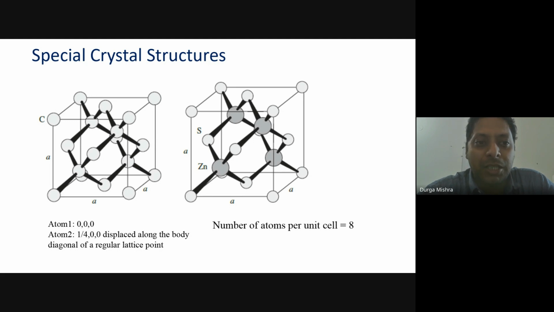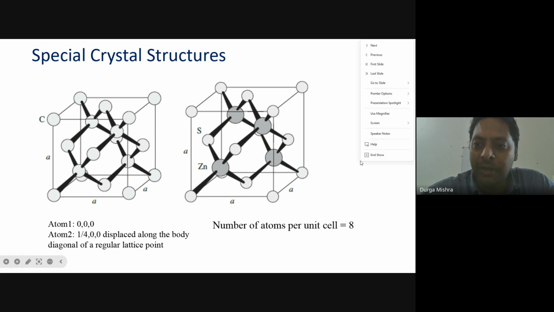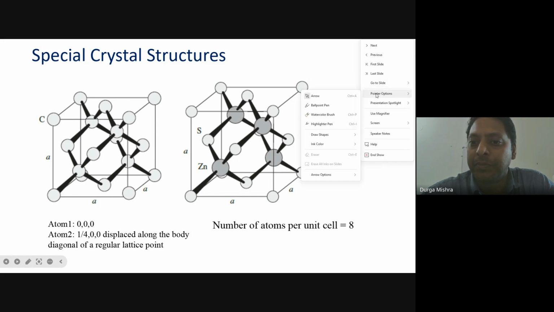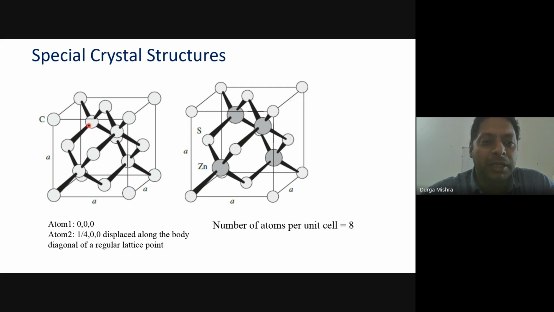These special structures are important in the sense that they are used quite often in many applications. The first one here represents carbon, the diamond crystal structure.